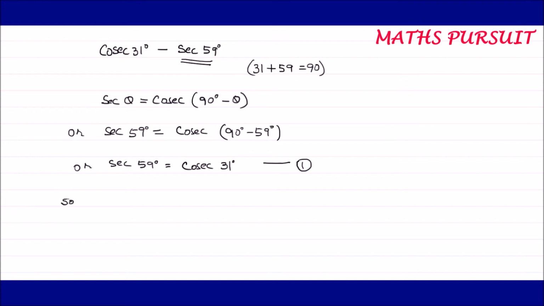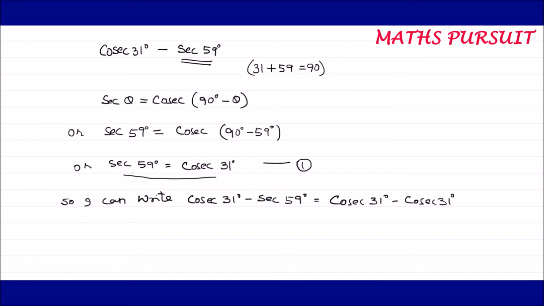So I can write cosec 31 degree minus sec 59 degree is equal to cosec 31 degree minus cosec 31 degree. Again I am repeating, I got sec 59 degree as cosec 31 degree from this equation.